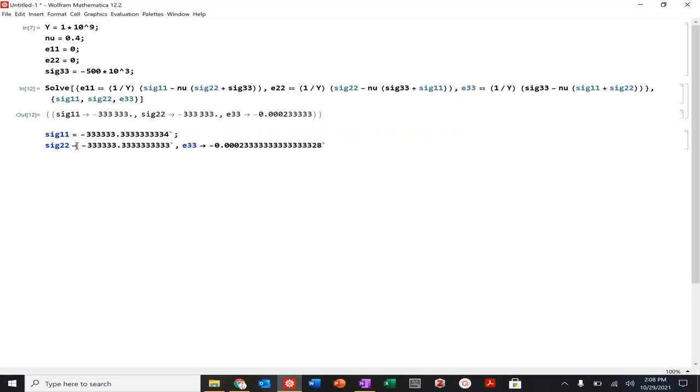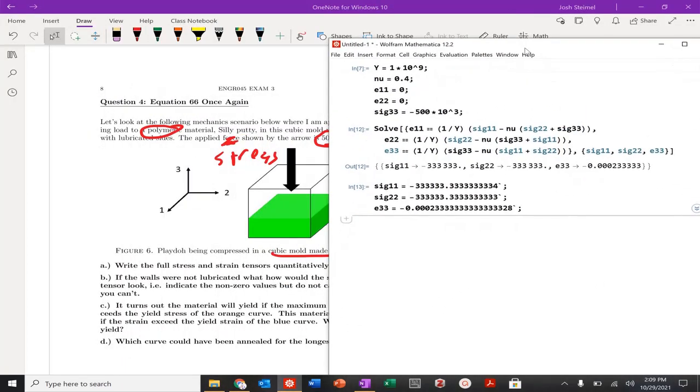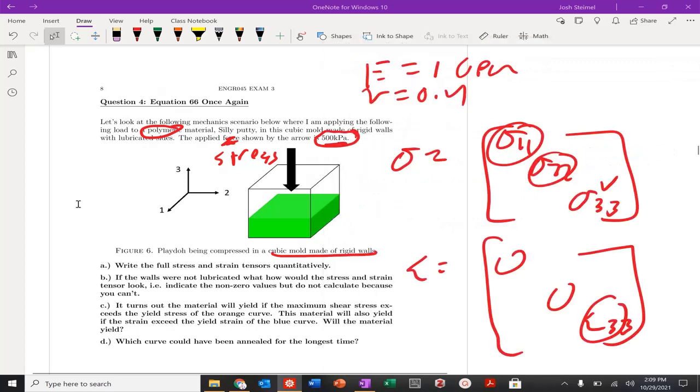Stress the same, because we're a cubic linear elastic isotropic material, and then the strain is equal to this. Fantastic. So I've got my values here, and I see that I have a matrix that is in my principal stress state, and now I can start to solve the rest of these values.